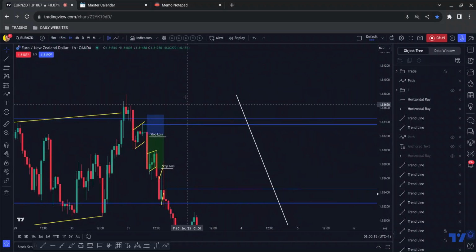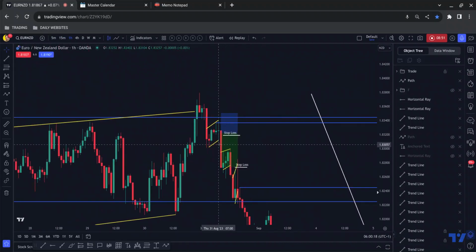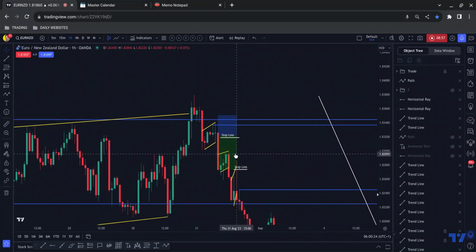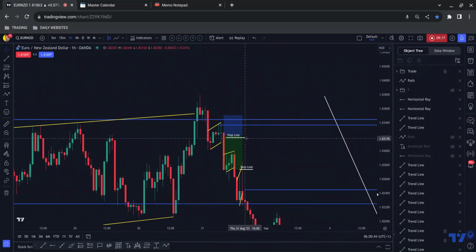I'm now managing this, as is my rules, on the 1 hour chart. So when this candle closed, I moved my stop loss to break even. And one of the things that I like to do is add on a few pips to the break even. One of the reasons I do that is to offset things like overnight financing fees, and the fact that when you take a break even, you often don't get filled at the exact price.